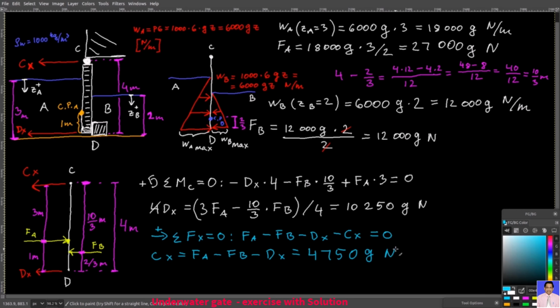And there you go. You have your reaction forces. Your dx equals this one, and your cx equals this one. And now both results are positive, which means that your assumption about their directions were correct. Thank you very much.